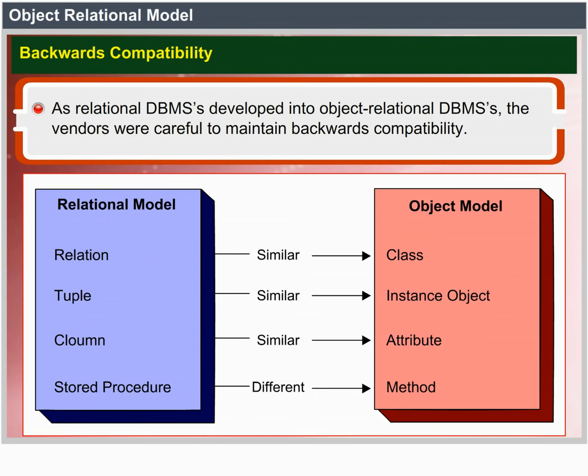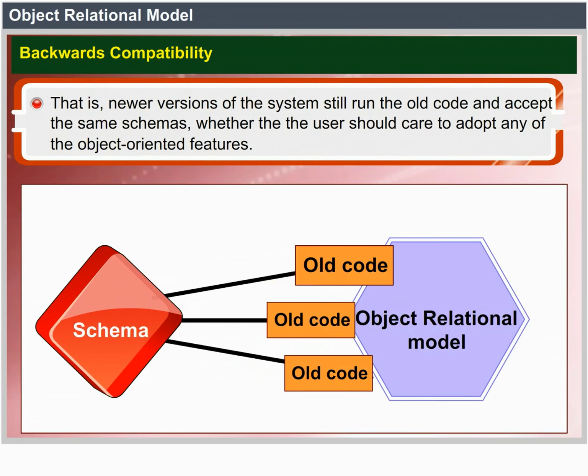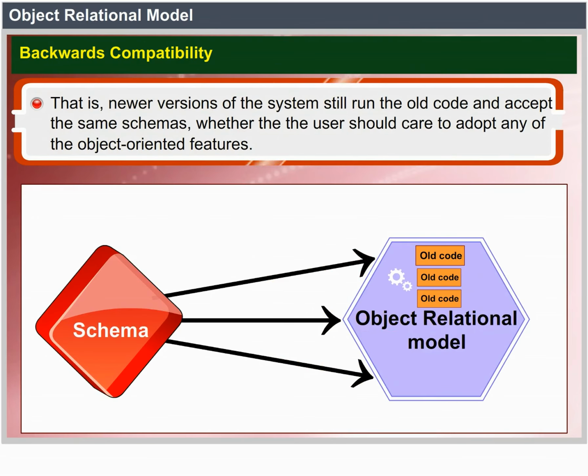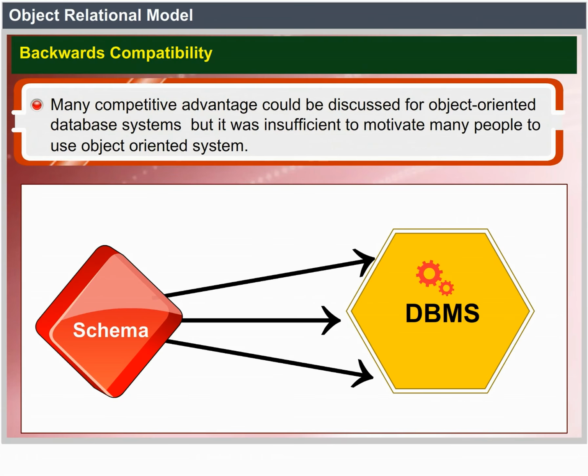That is, newer versions of the system would still run the old code and accept the same schemas should the user not care to adopt any of the object-oriented features. On the other hand, migration to a pure object-oriented database management system would require the installations to rewrite and reorganize extensively. Thus, whatever competitive advantage could be argued for object-oriented database systems was insufficient to motivate many to make the switch.